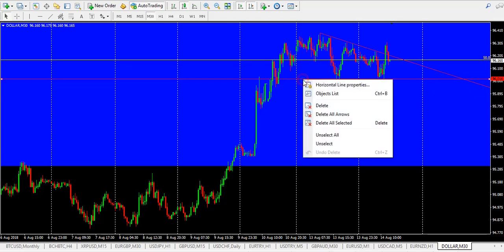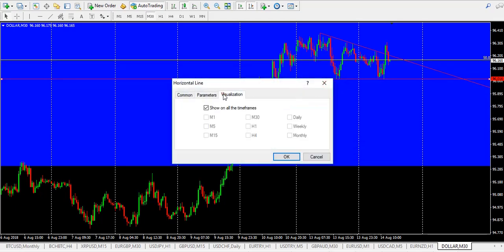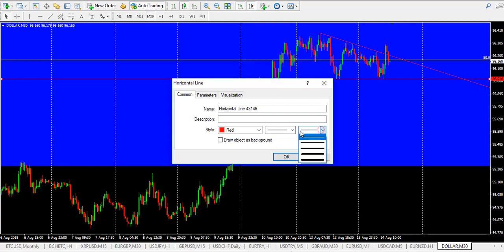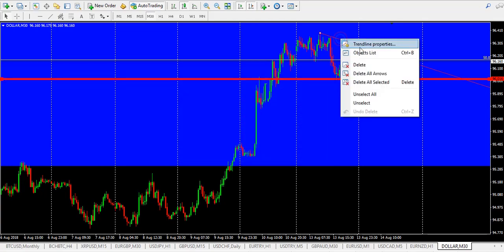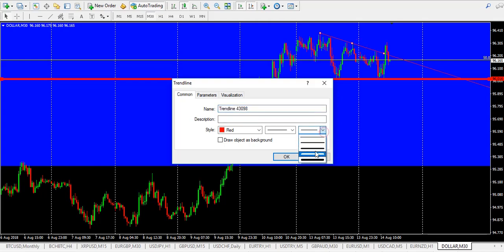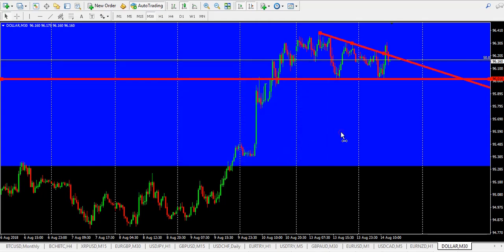I see those out there. You see what I mean now? Yeah, I see how it kind of resembles a little wedge. So they would consider that a falling wedge.